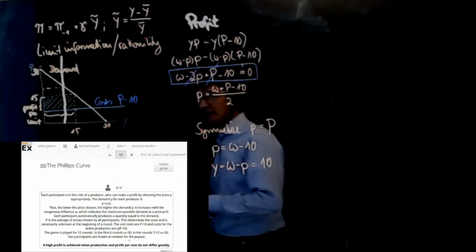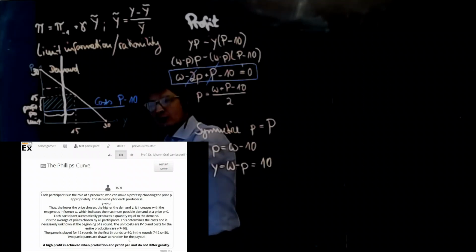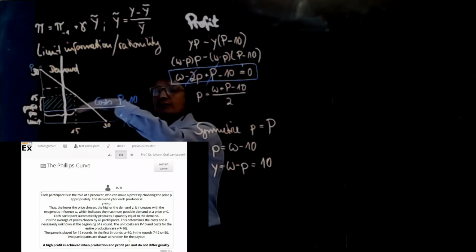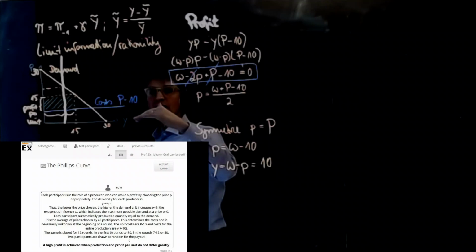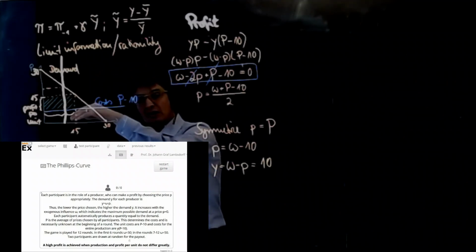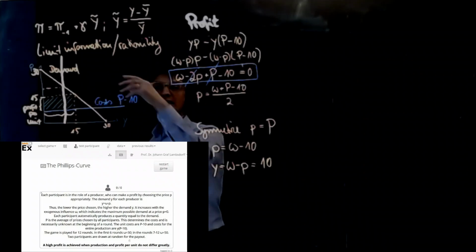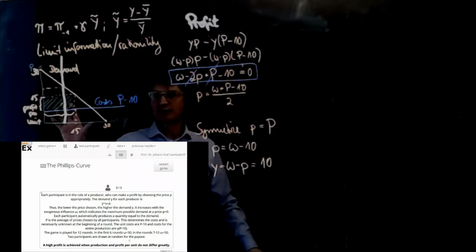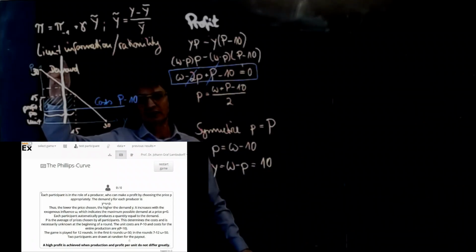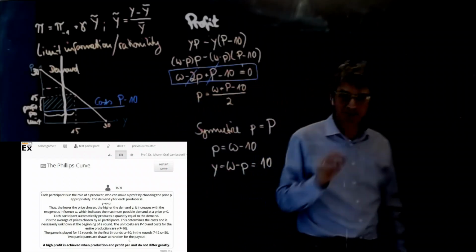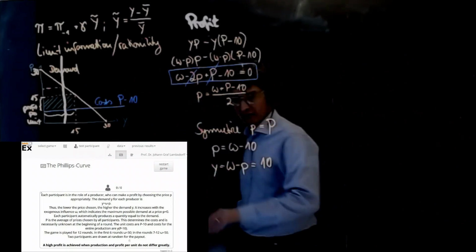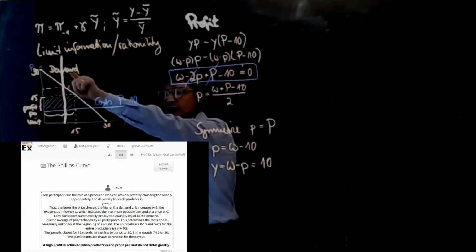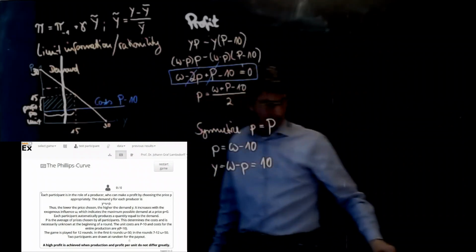And the reason is because the increased omega translates to higher prices, but then also translates to higher costs. And the higher costs translate again into higher prices. And the higher prices induce again higher costs. And all this overall induces that prices increase to such an extent that there is no reaction in quantities. So whatever level of omega we choose, we would pick only a point on this line.